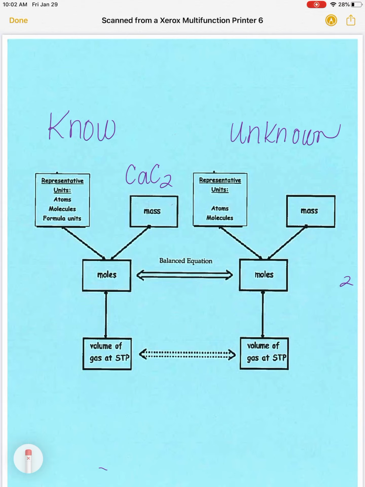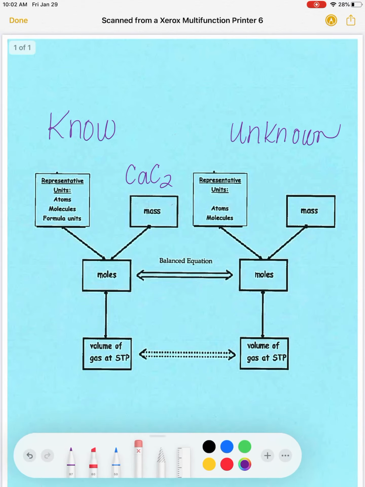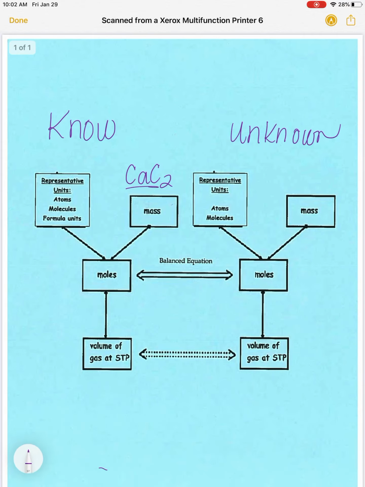Okay. So we had established that the substance that we know in this case is the calcium carbide. That's what we're starting with. The substance that we're trying to find values for is the calcium hydroxide, CaOH2. I'm trying to start with grams of CaC2 and get to grams of calcium hydroxide.